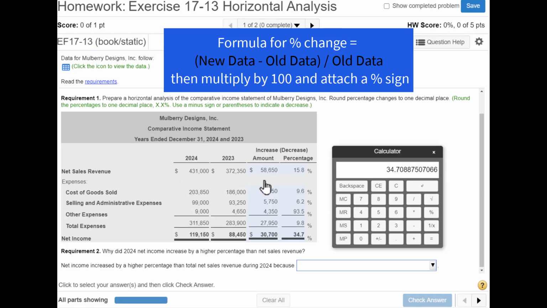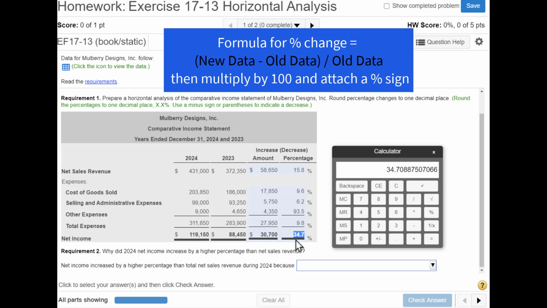All right. Why did 2024 net income increase by a higher percentage than net sales revenue? Check this out. Our net sales revenue increased by about 16%, but our net income increased by almost 35%. How could that be?